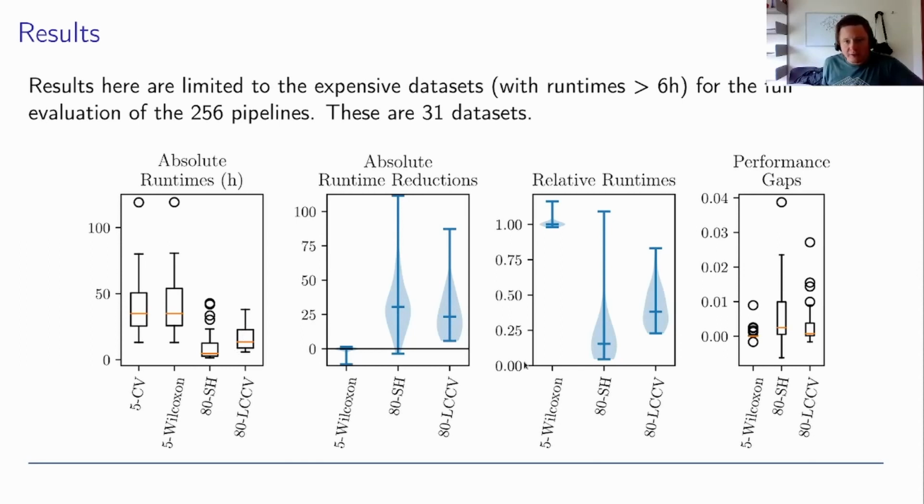If we concretely look here on the right at the relative runtime, this figure shows the runtime of LCCV divided by the runtime of the standard cross-validation, summarized across the different data sets. Then we can see that in the median case, LCCV only needs about 40% of the runtime that is needed if one would use 5-fold cross-validation instead.